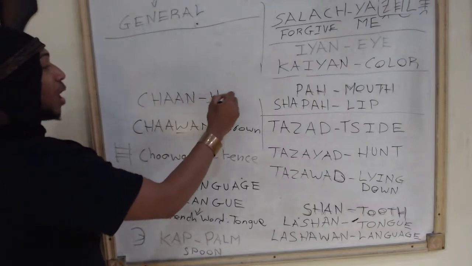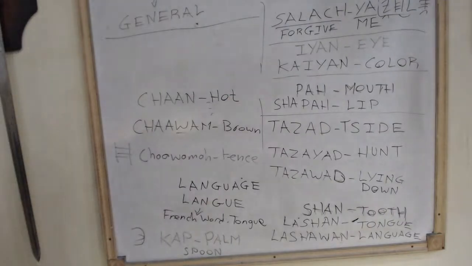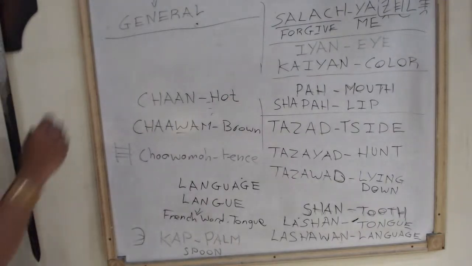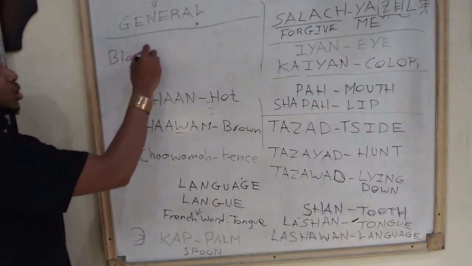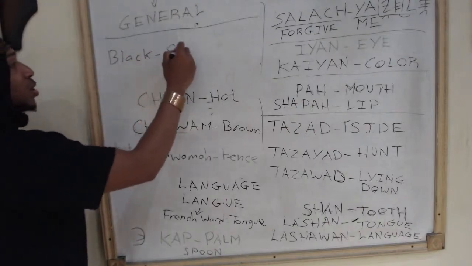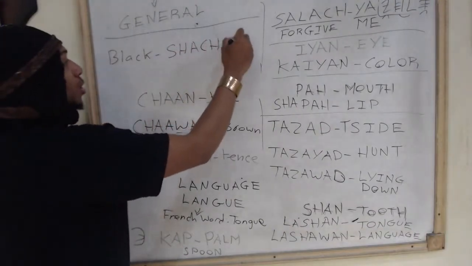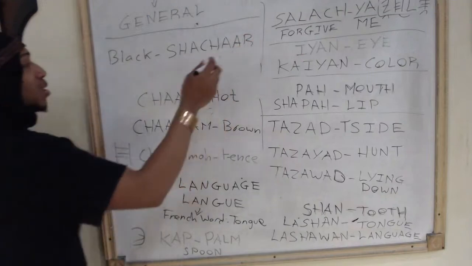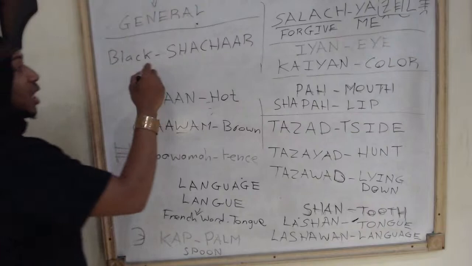I was saying black. Huh? Nah, but black. Black is shakar. Shakar, right? I believe this word also means dusk. I know they say dusk.